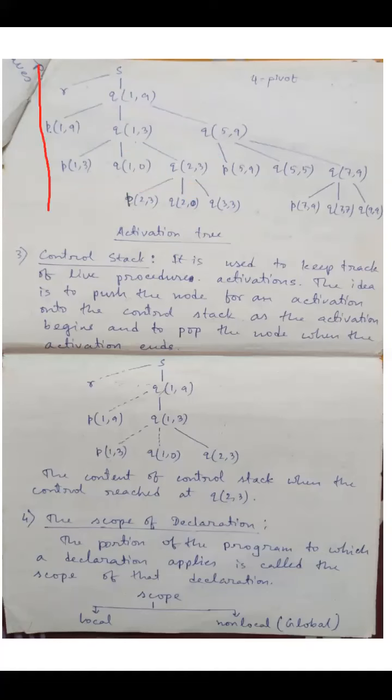Now look at the structure. Here there are so many function calls. Now say at any point of time, we are over here. That means up to this point, which functions have been executed completely? S has been called, and R has been called and executed successfully.